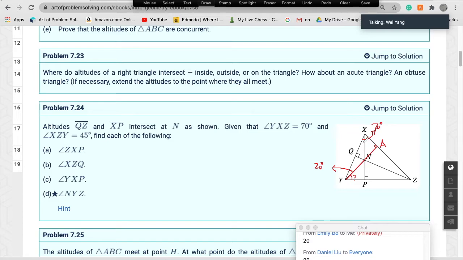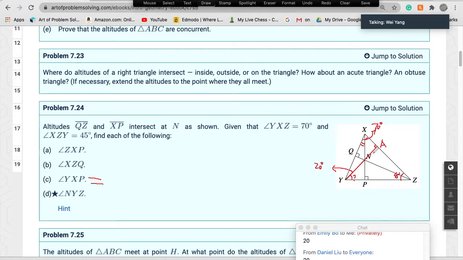So that means we need to find this angle, right? This angle, we already found this one, YXP. Because they give us XZY, this one is 45.